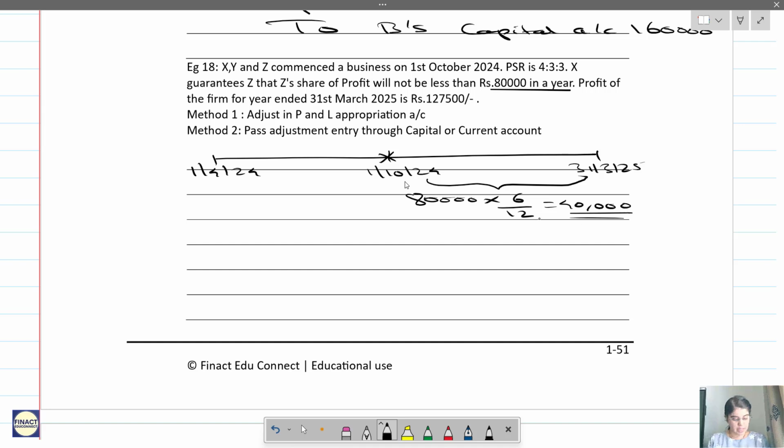Did you understand this? So you can just write it here. Write this timeline and write this.